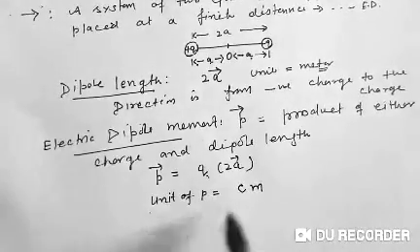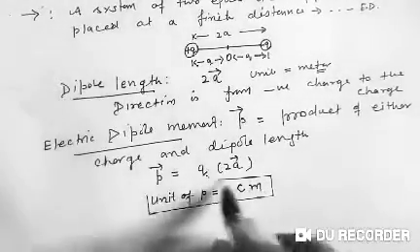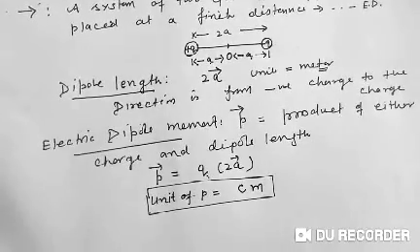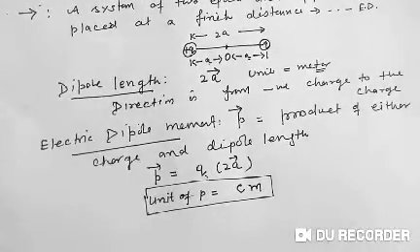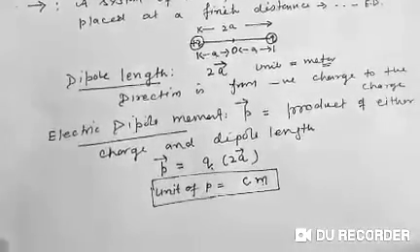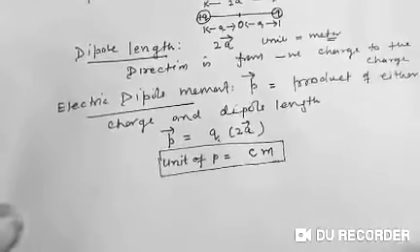So coulomb meter is the unit of electric dipole moment. Many times it is asked, name a quantity whose unit is coulomb meter. So your answer should be electric dipole moment, or you may be asked to derive the unit of electric dipole moment.